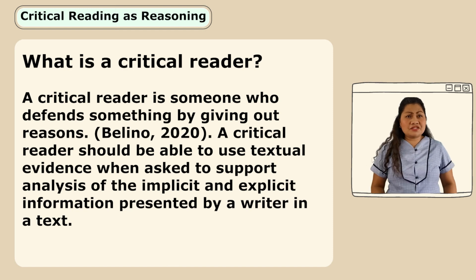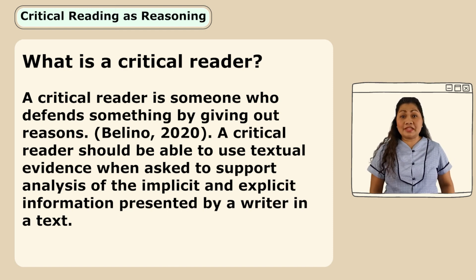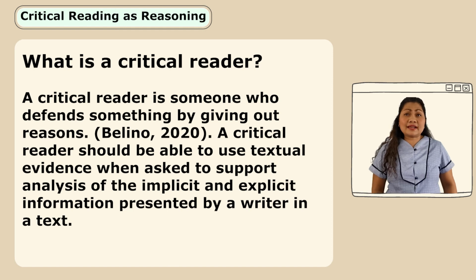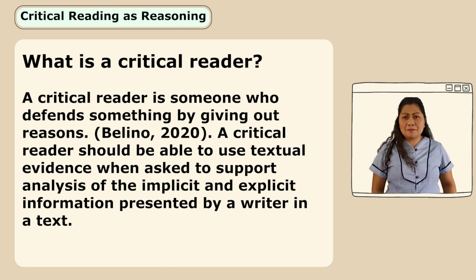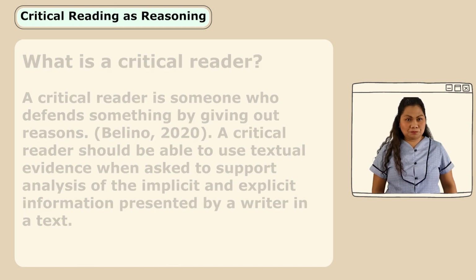Now, what is a critical reader? A critical reader is someone who defends something by giving out results. That's according to Benino 2020. A critical reader should be able to use textual evidence when asked to support analysis of the implicit and explicit information presented by a writer in a text.